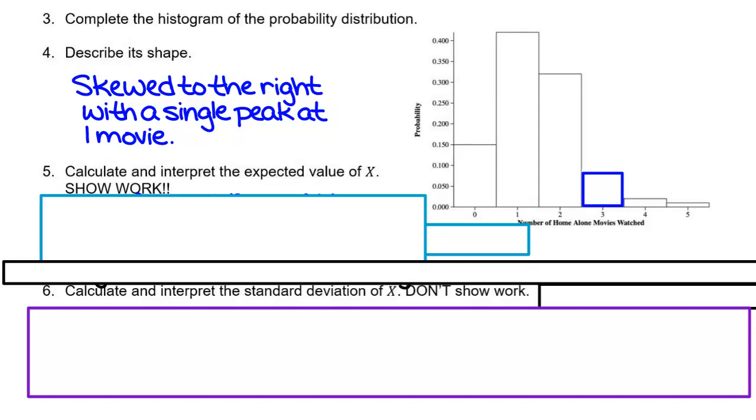All right, so as you guys are finishing up your answers for numbers 5 and 6, number 5 said to show work.